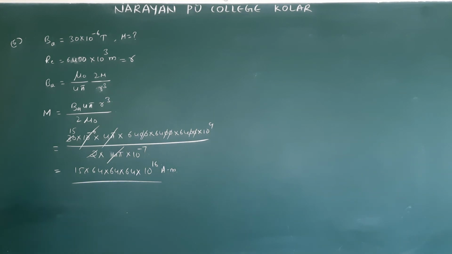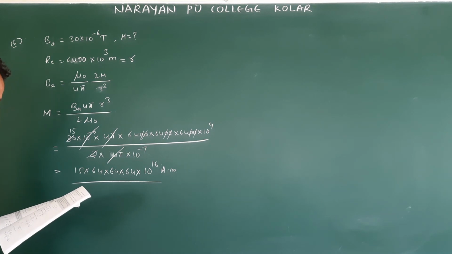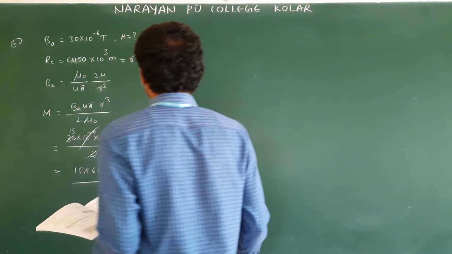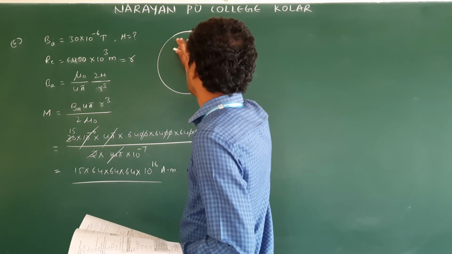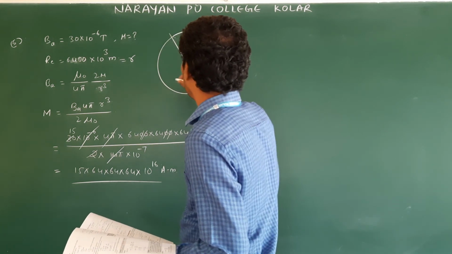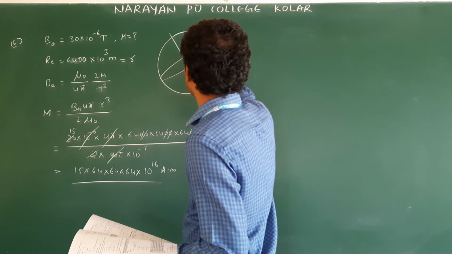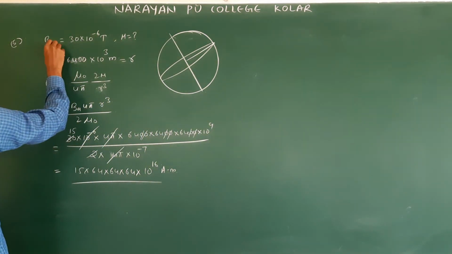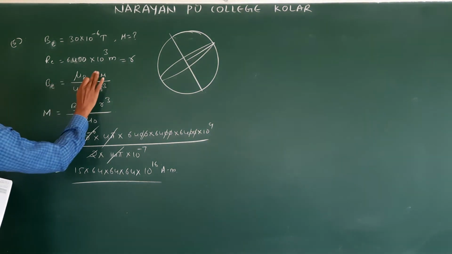Sorry, we did this wrong. If the magnetic field at a point on the magnetic equator is 30 microtesla, it is the same solution, but we made a mistake. A simple correction: this is the Earth's magnetic field. They gave the field on the equator, but I took it as axial. So this is the equatorial line. In the equatorial line, what happens?